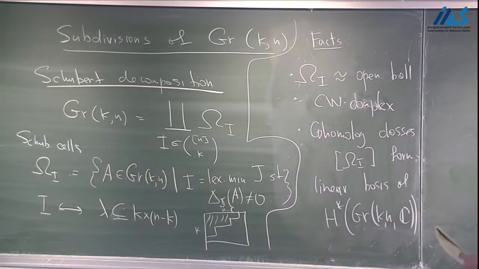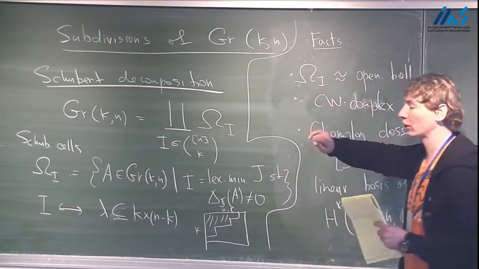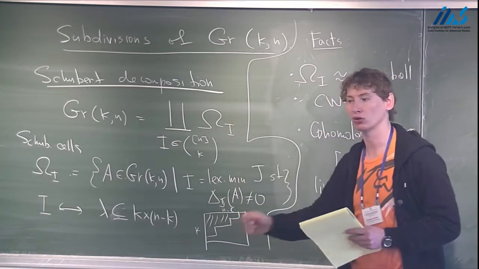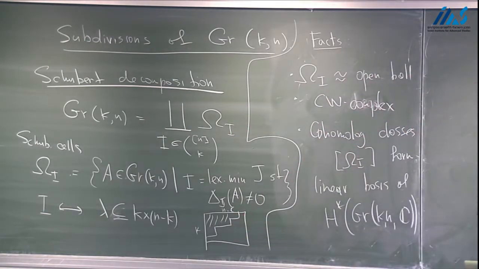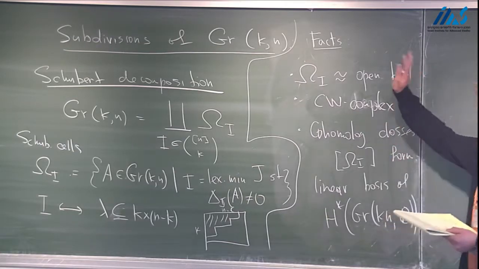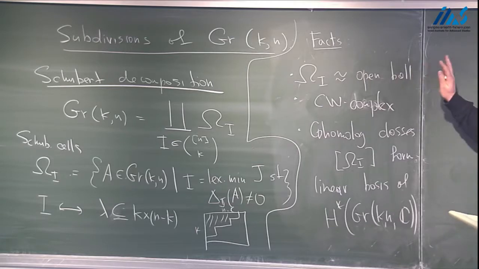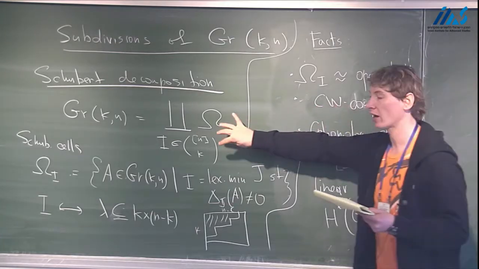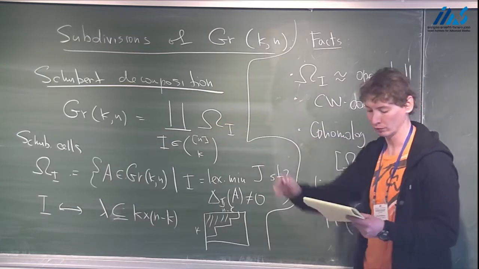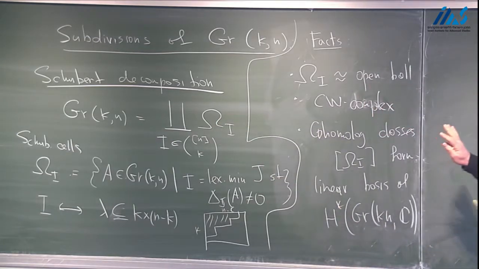Okay, and they are related to Schur polynomials. This decomposition leads to all the classical combinatorics of Schubert polynomials, Young tableaux, and so on. If you know this stuff, then I'm not going to talk about it, because it would take maybe a whole course to explain in detail. But all these things, like the Littlewood-Richardson rule and many other classical things, follow from this Schubert decomposition.